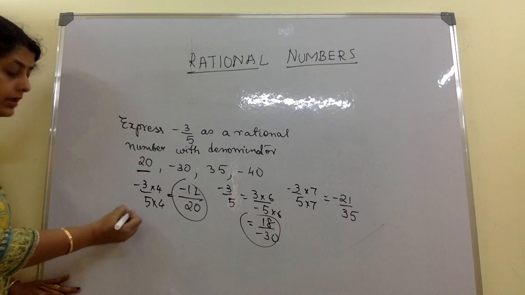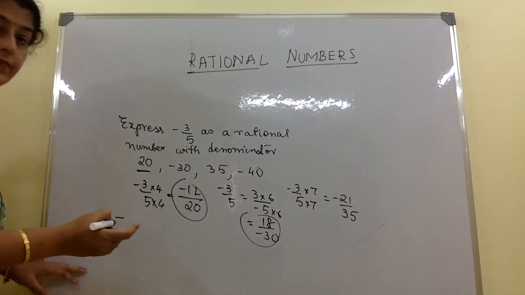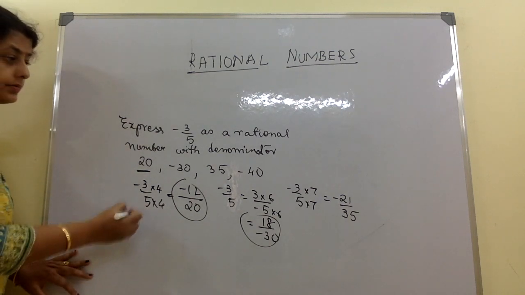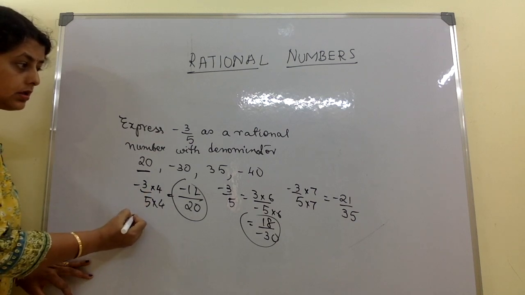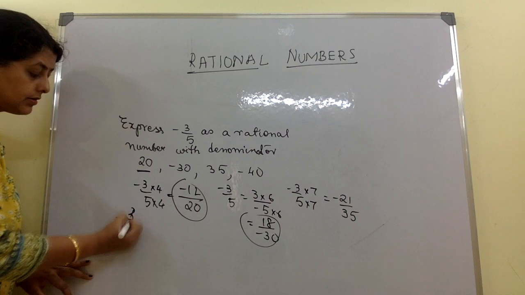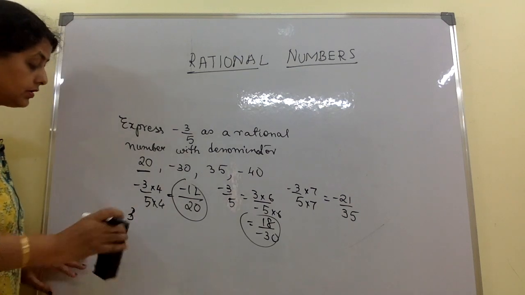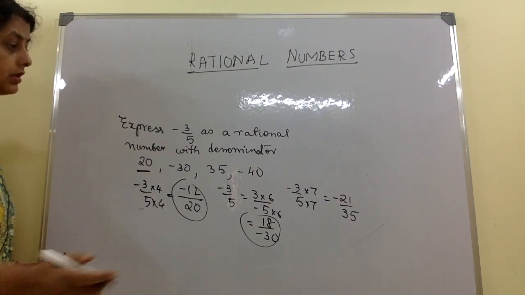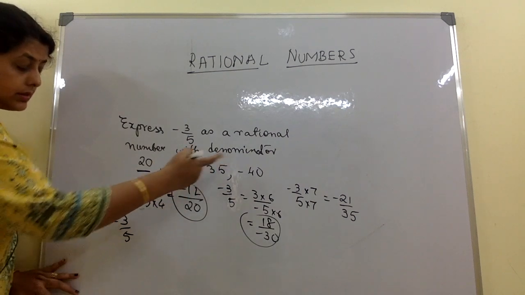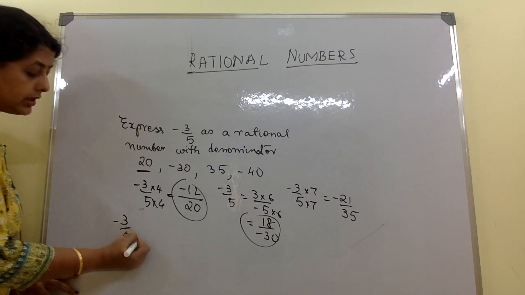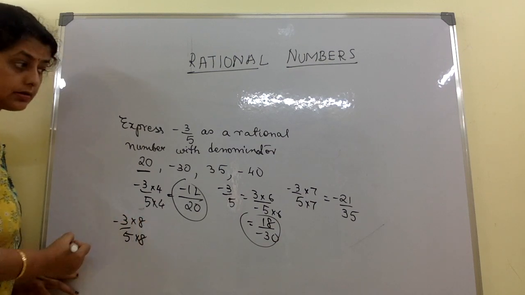Then -40. Now I have -3/5. I have to make this -40. So into 8 and into 8 now.